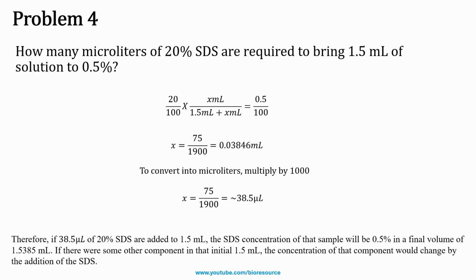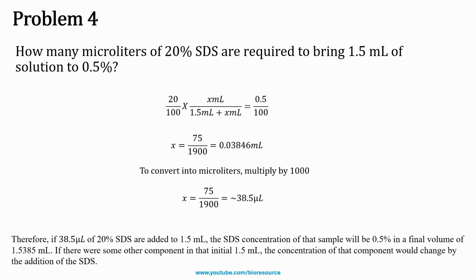So this is given in ml. Now we have to convert into microliter because actually the question asks for microliter. So to convert this into microliters, just simply multiply by 1000, then you will get 38.5 microliter. So therefore, if 38.5 microliter of 20% SDS are added to 1.5 ml, the SDS concentration of the sample will be 0.5% of the final volume of 1.5385 ml.